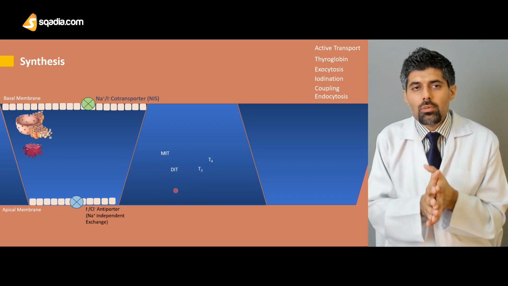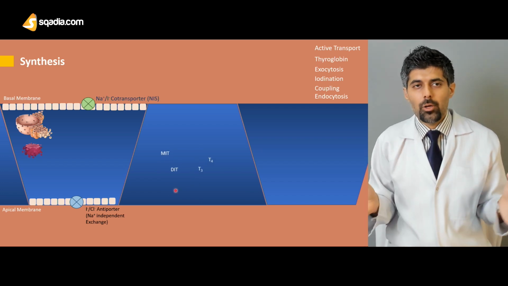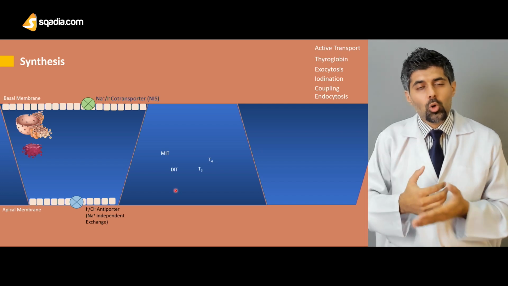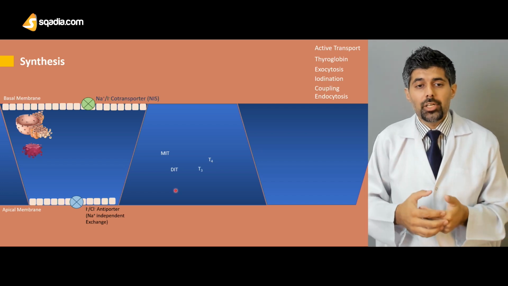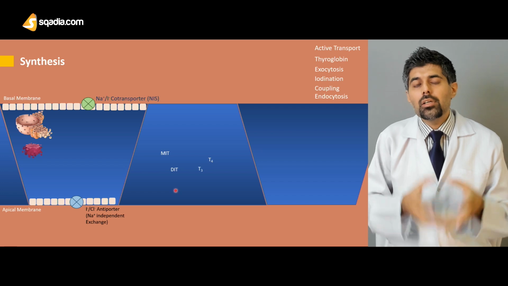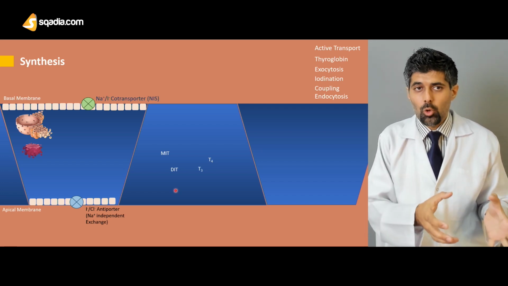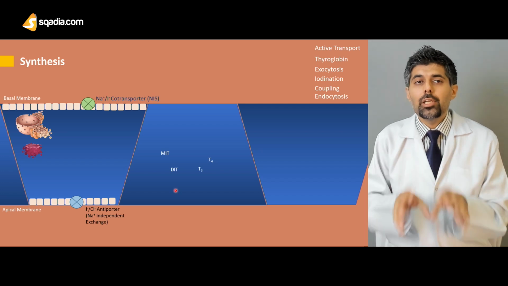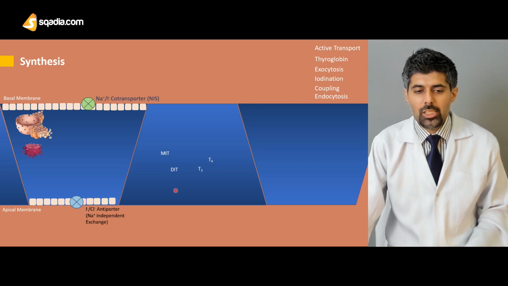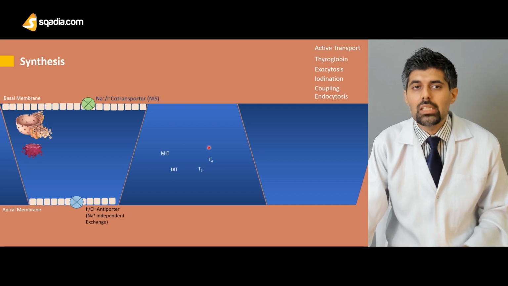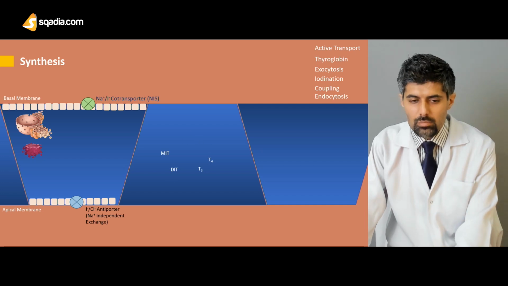So when they are removed, the thyroglobulin is regenerated and the iodinated tyrosine residues are free from the thyroglobulin, but they are still in the colloid of the follicle. As you can see here, they are still in the colloid.